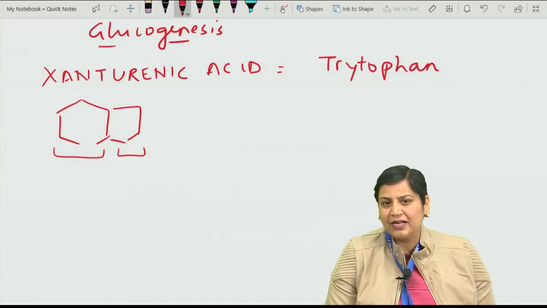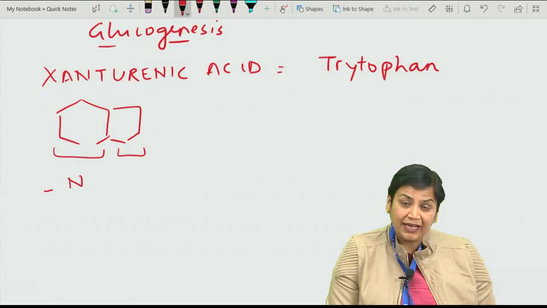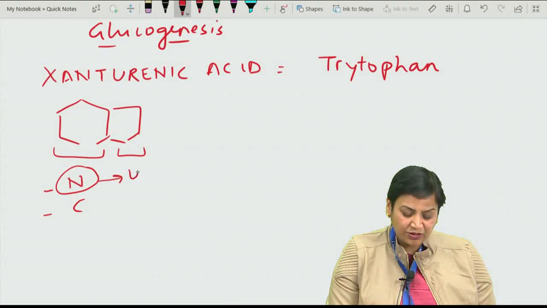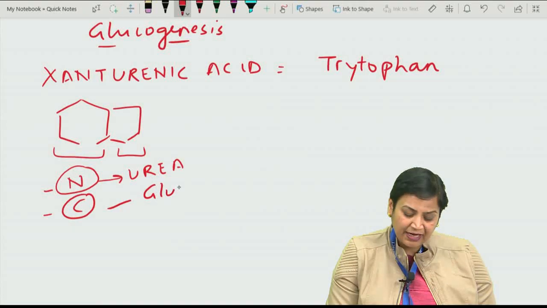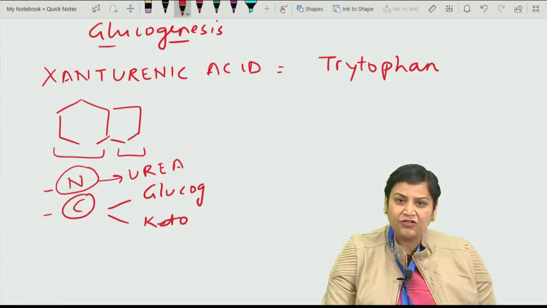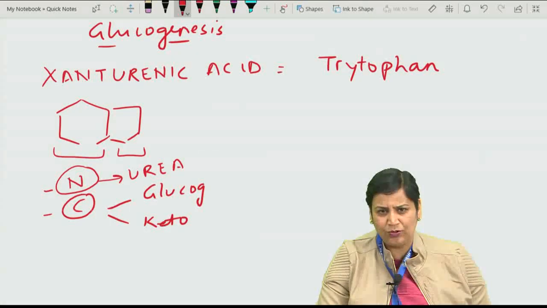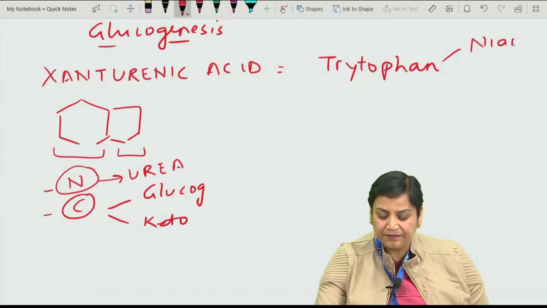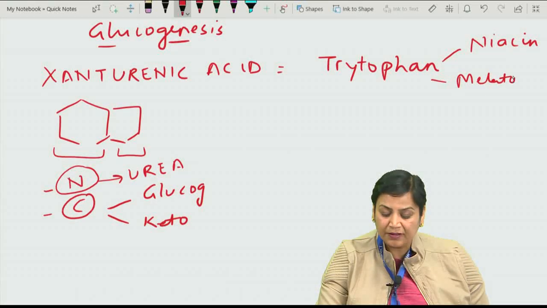Now, all of you know that amino acid metabolism is based on the nitrogen skeleton as well as the carbon skeleton. The nitrogen skeleton means it will finally be degraded to form urea in the end, and in the carbon skeleton they can be glucogenic and ketogenic. Now see, tryptophan is an essential amino acid because it is required for the synthesis of niacin and of melatonin.